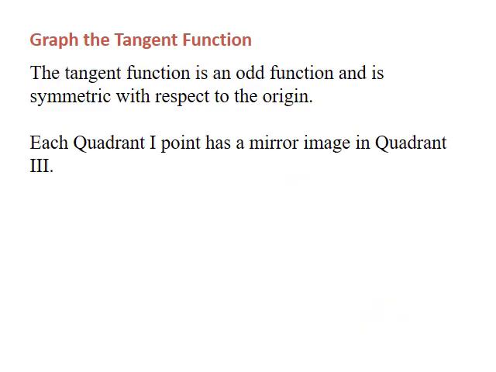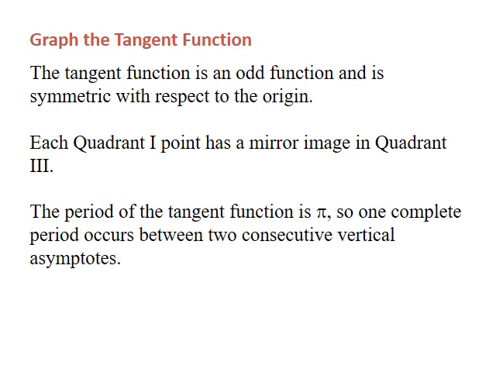Some more important information about the tangent graph is that the tangent function is an odd function, so it will be symmetric with respect to the origin. Odd, symmetric about the origin, and that's really an algebra topic, so you should be somewhat familiar with that.